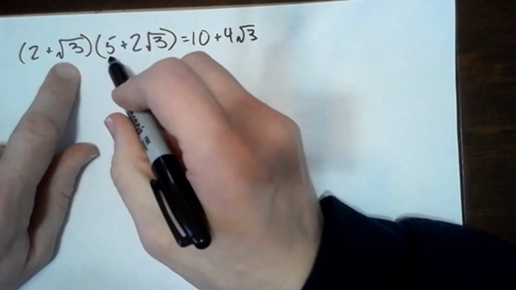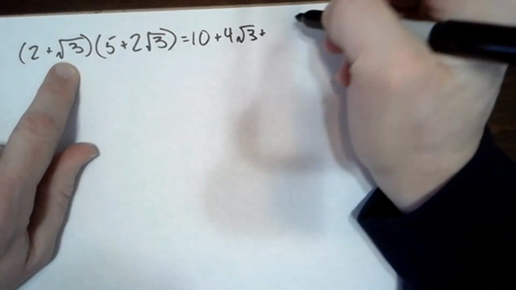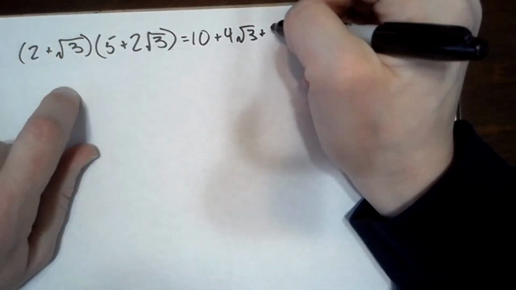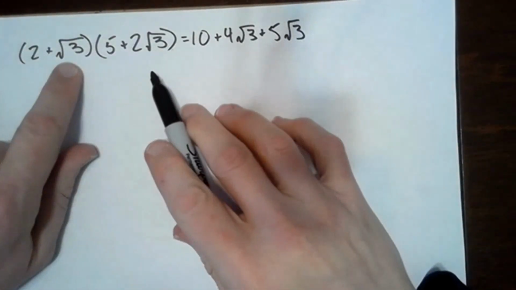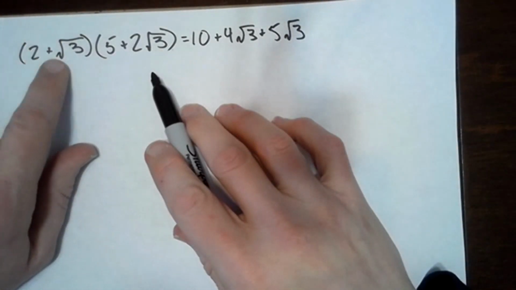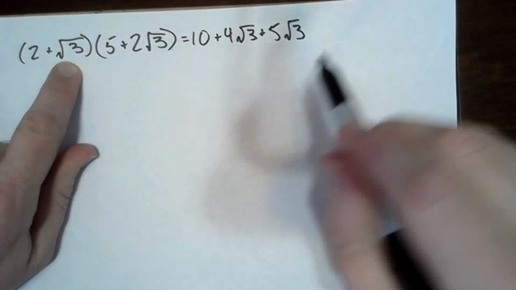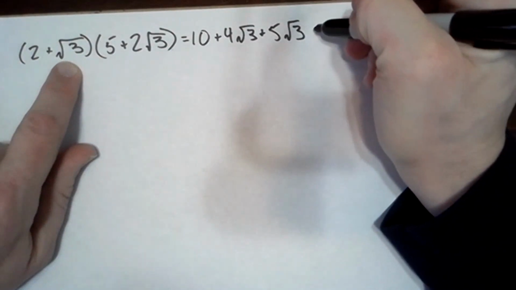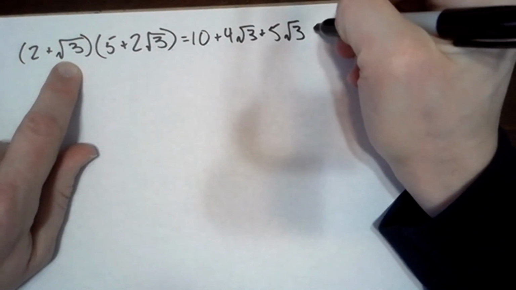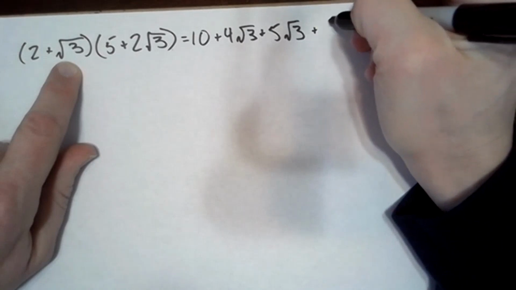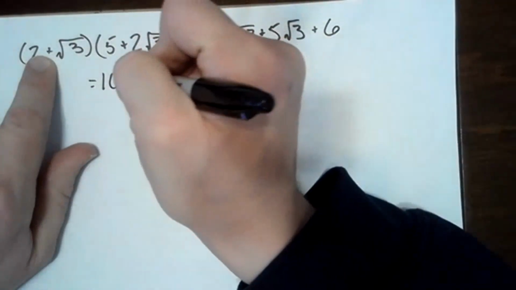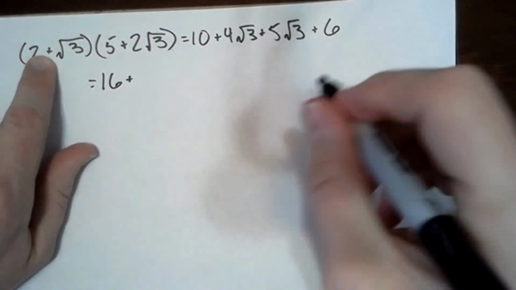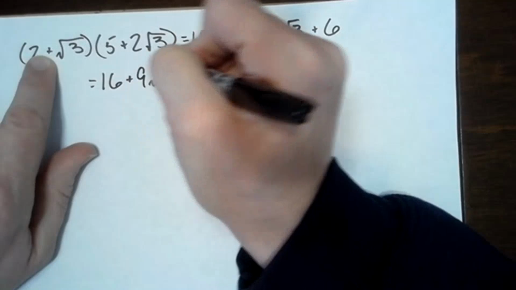Our inside terms give us 5 times the square root of 3 is 5 root 3. And our last terms give us the square root of 3 times 2 times the square root of 3, which is 2 times 3, which is 6. Combining like terms, we have 10 plus 6 is 16, plus 4 root 3 plus 5 root 3 is 9 root 3.